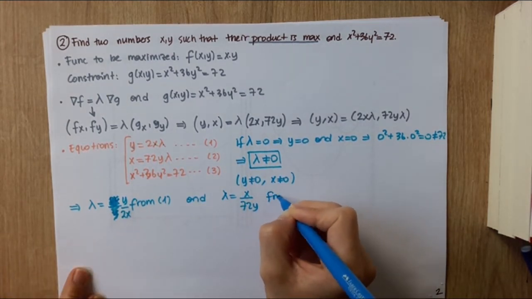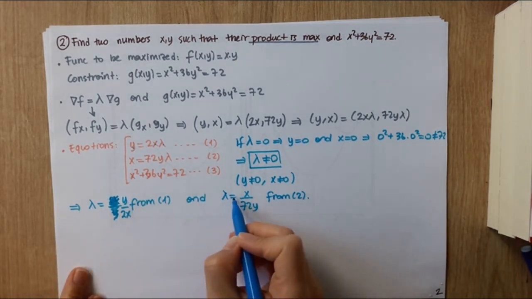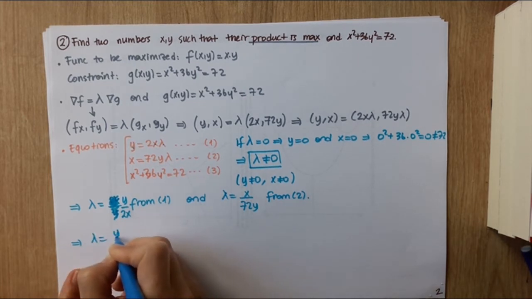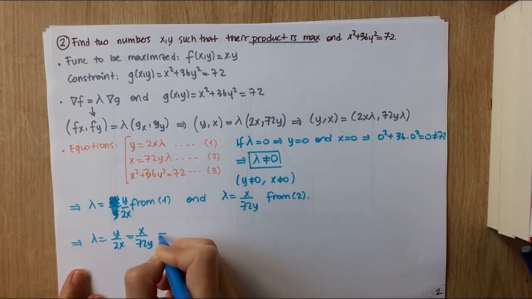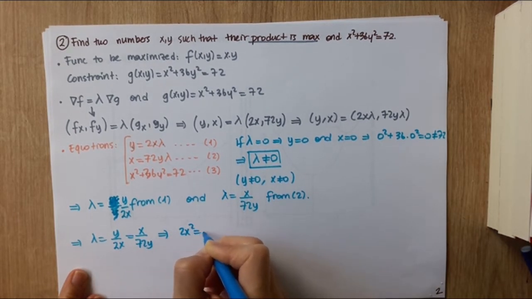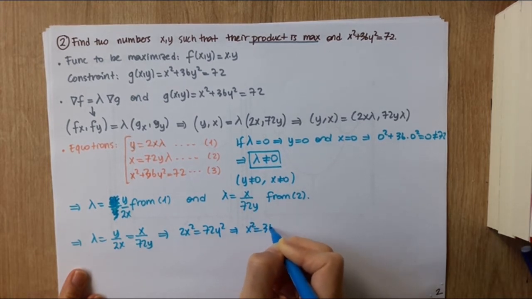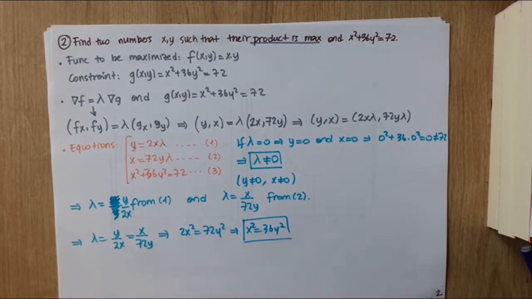So I know what lambda is from both equations, so I can equate them. Lambda equals y over 2x equals x over 72y, which means 2x squared equals 72y squared. I have x squared equals 36y squared. This is really nice because I can use this result in the third equation.